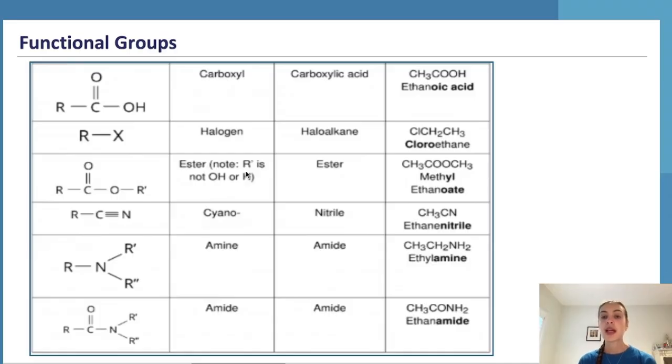and so that's just based off their naming structure. And so, for example, we can look at methyl ethanoate, and so with methyl ethanoate, we have CH3COOCH3, and so that's saying that the methyl group is the part of the molecule which is attached after the C double bonded O single bonded O. So it's like the leftover part of the molecule, and then the ethanoate part is what we call the main chain of the molecule.